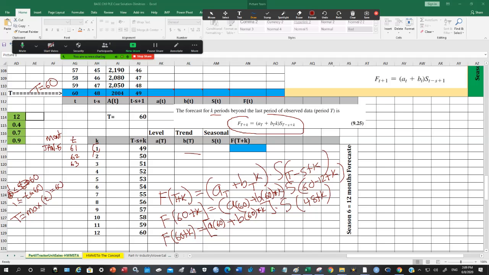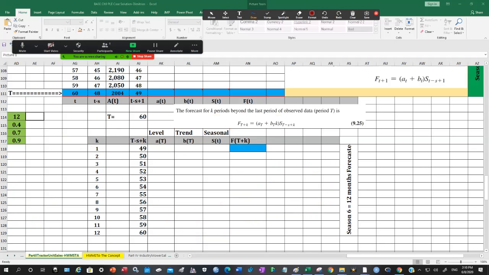So this is the formula that will give us the forecast for periods during which we do not have actuals. This is the actual column, so we do not have any actuals. So let's say k equals 1. Let's erase everything. So k equals 1.